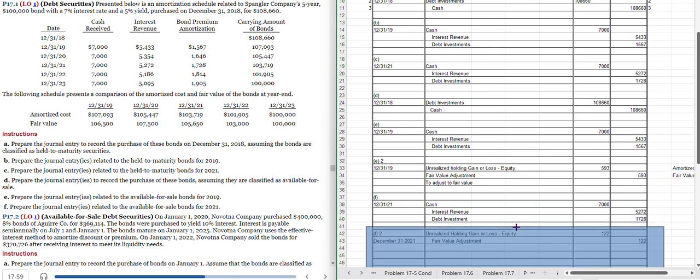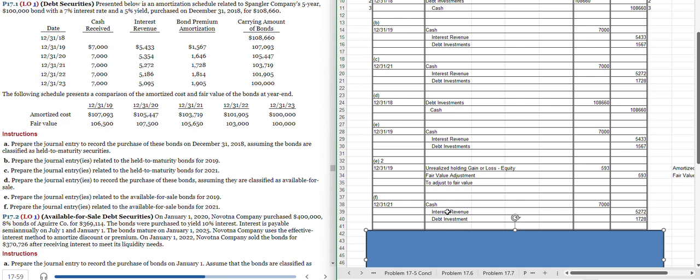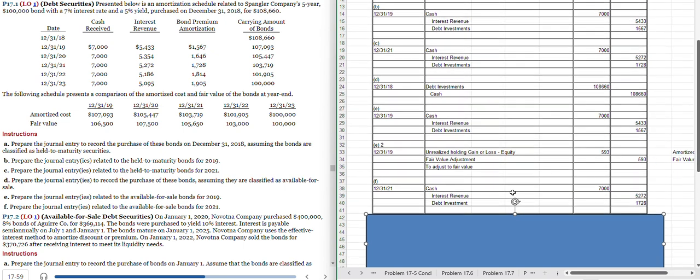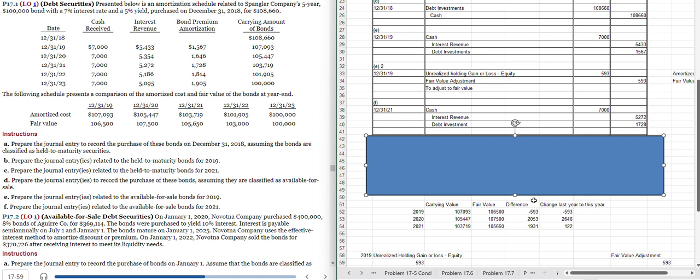So we're going to debit cash, credit interest revenue, and credit debt investment. Debit cash 7,000, and then these would be your credit entries. Now, because we're valuing these as available for sale bonds, we need to have a fair value adjustment at the end of the period.